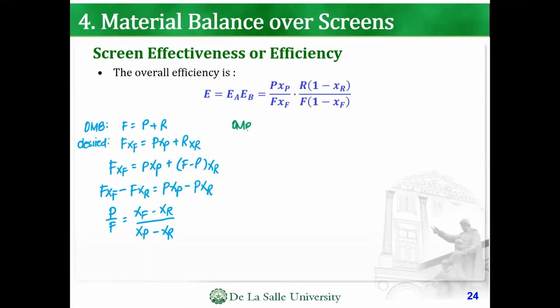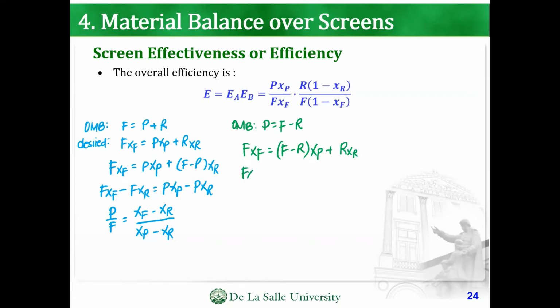If otherwise my overall material balance is P is equal to F minus R, then using the same logic, F XF is equal to, instead of P, F minus R times XP plus R XR.